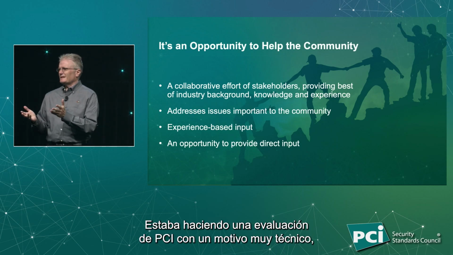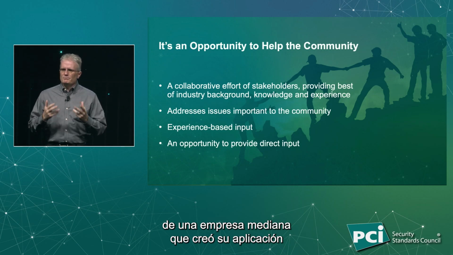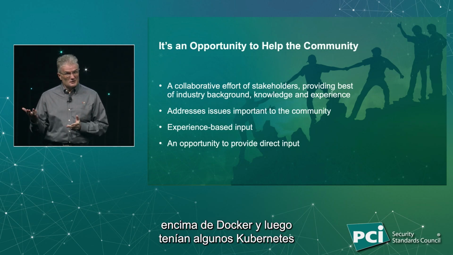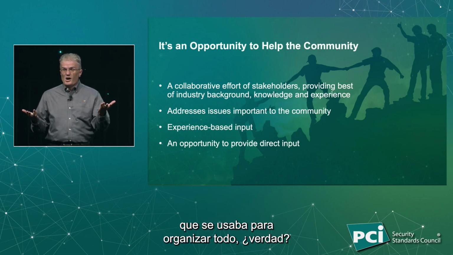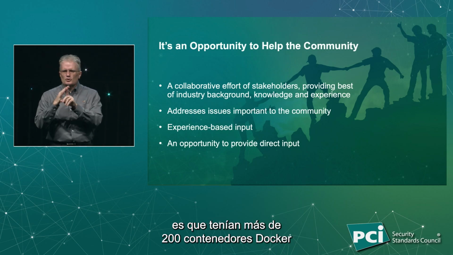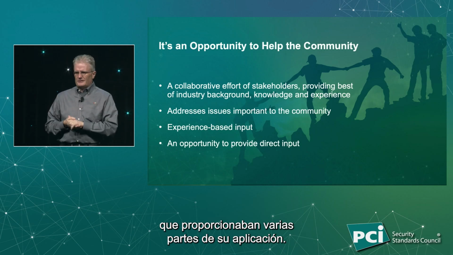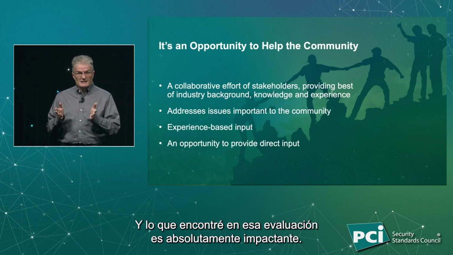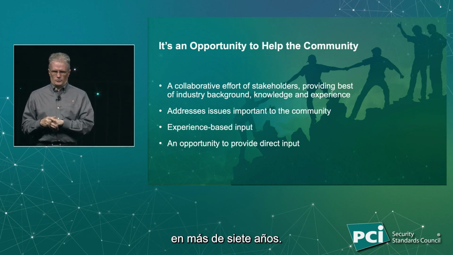I was doing a PCI assessment for a very technical mid-sized enterprise that had built their application on top of Docker, and then they had some Kubernetes being used to orchestrate everything, right? What I found in that assessment was absolutely shocking. They had over 200 Docker containers providing various parts of their application. There were Docker containers that had not been patched in over 7 years.